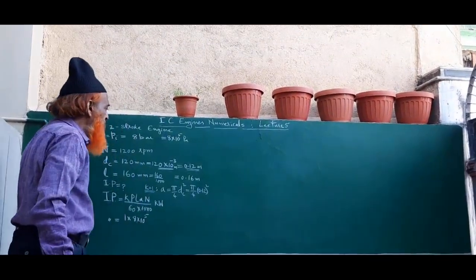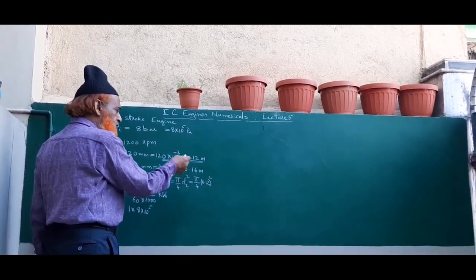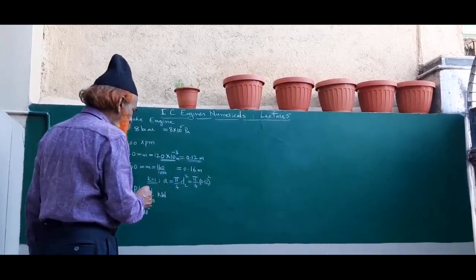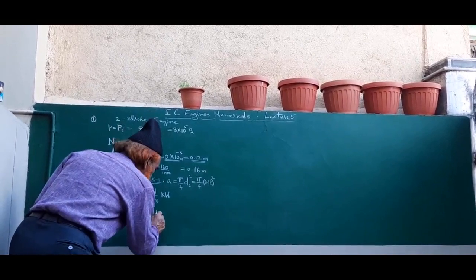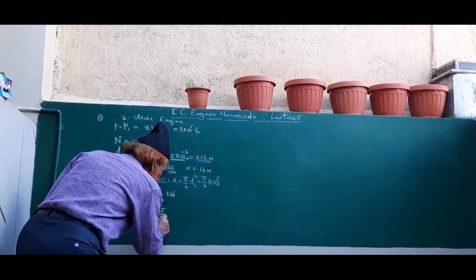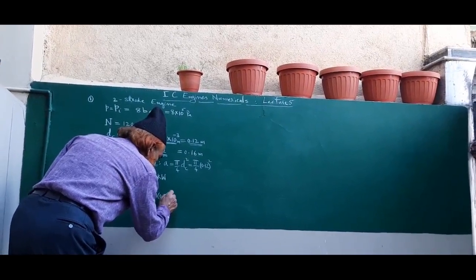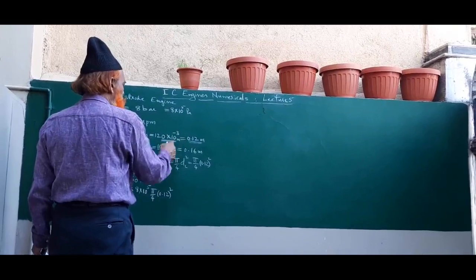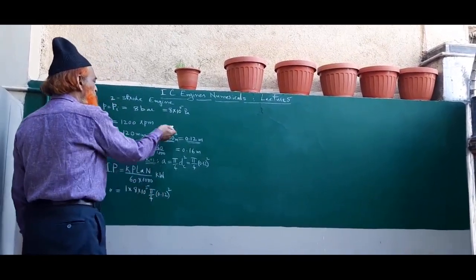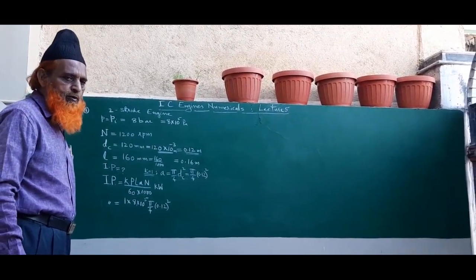Then A is given by pi by 4 into 0.12 whole square, or you can write 120 into 10 to power minus 3 square. Then this 10 to power 5 and 10 to power minus 3 square get cancelled, giving only 10 to power minus 1.